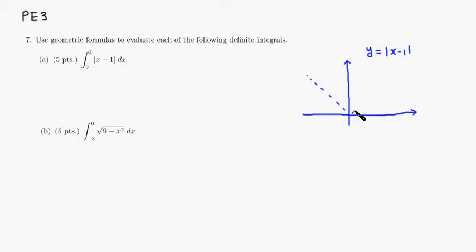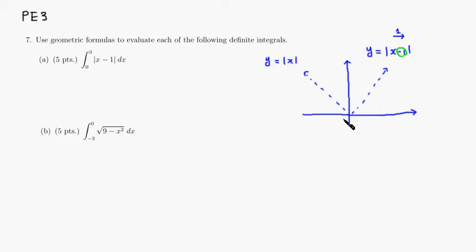This is the graph of y equals absolute value of x. The only difference is this part right here, which is a horizontal shift to the right 1 unit. So this shifts to the right 1 unit.